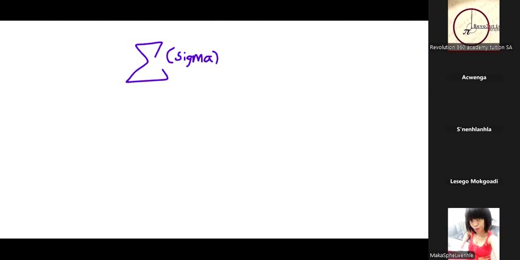Okay, let me do this one. Because the one that I sent yesterday, maybe some of you wouldn't understand it, as it's a level 2 example. So let me just start with the basic one.